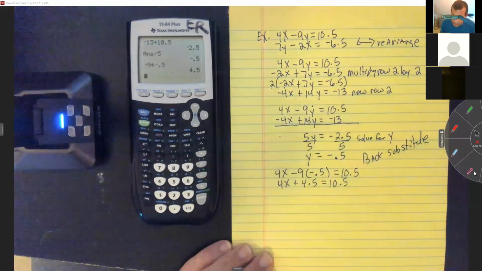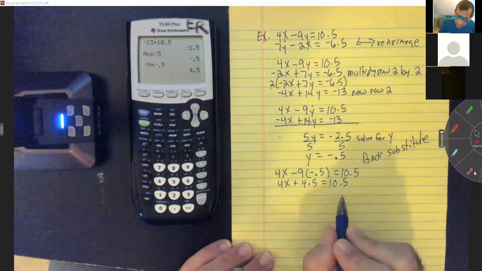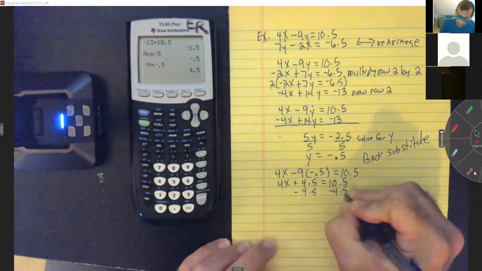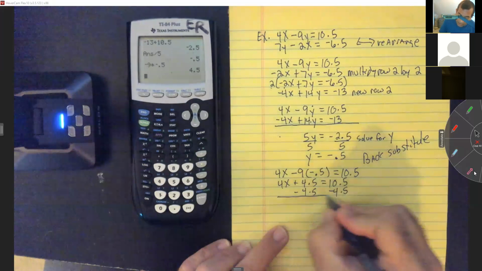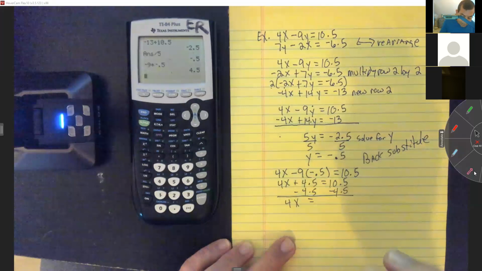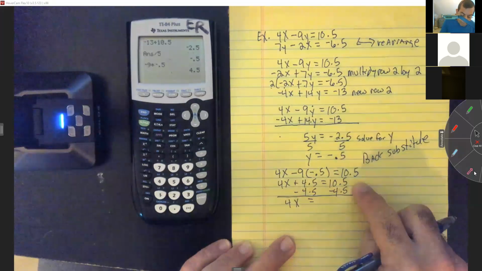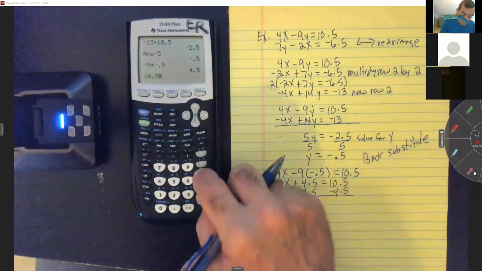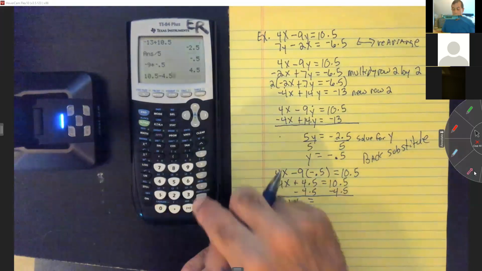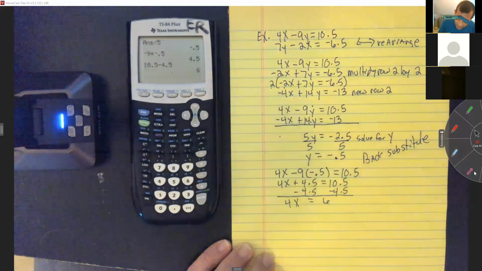All right, so now let's subtract 4.5 from both sides. So my 4x, 4.5's cancel. 10.5 minus 4.5 is going to give me 6. And then y'all divide by 4 and be done.